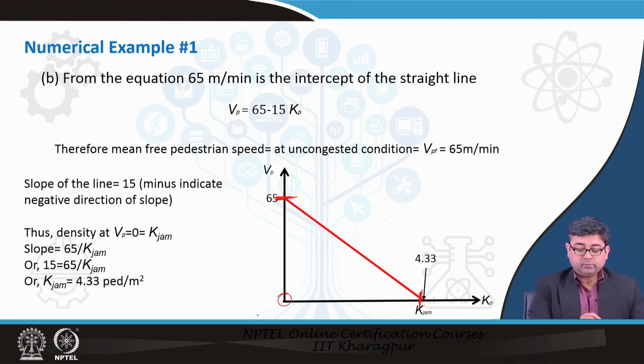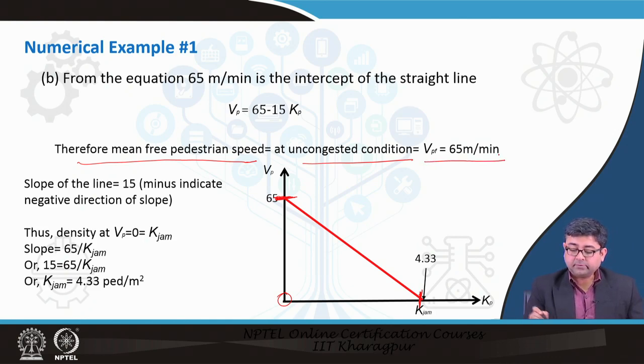So, the mean free pedestrian speed at uncongested condition, Vpf, is found by setting Kp equal to 0, then Vp is equal to 65 meters per minute, which gives you the free flow speed. So, now you know that your first point is here.